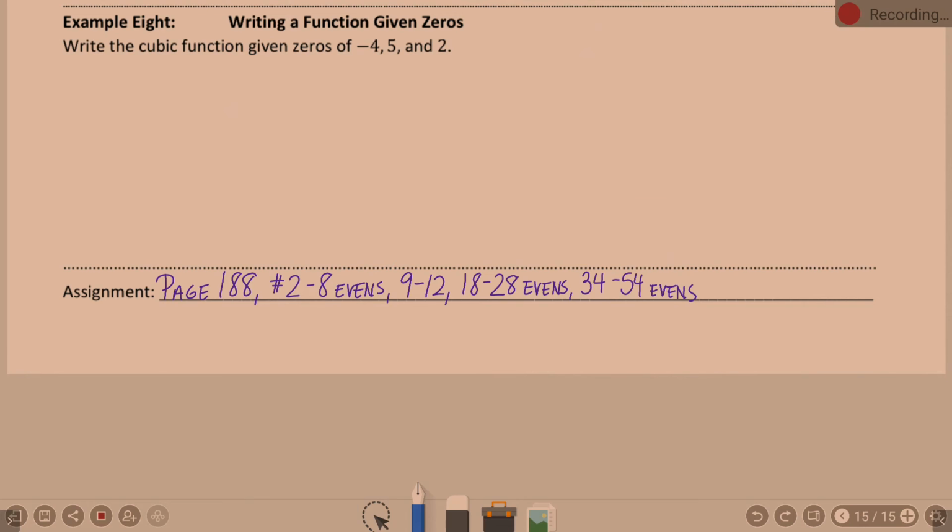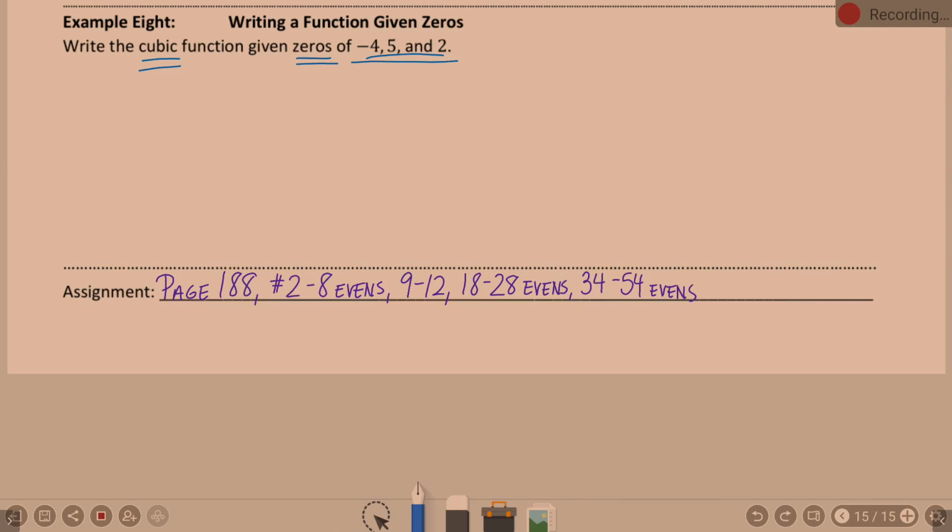Write the cubic function given the zeros of negative 4, 5, and 2. Thoughts?